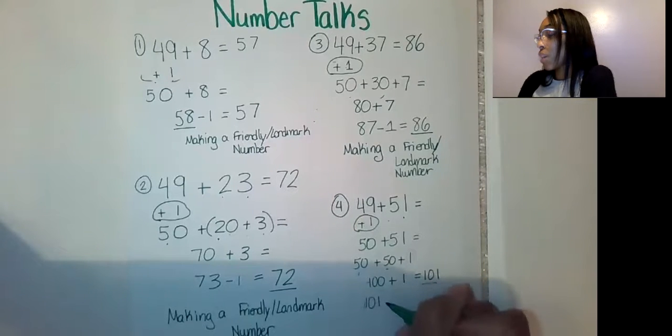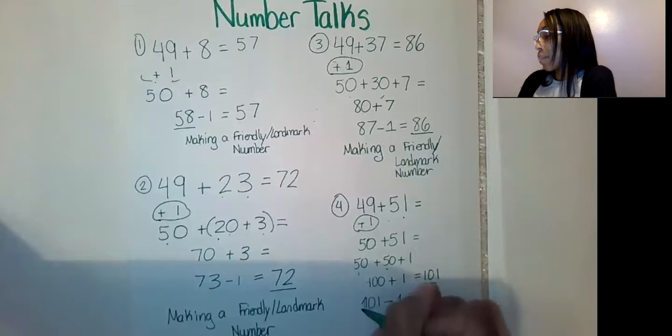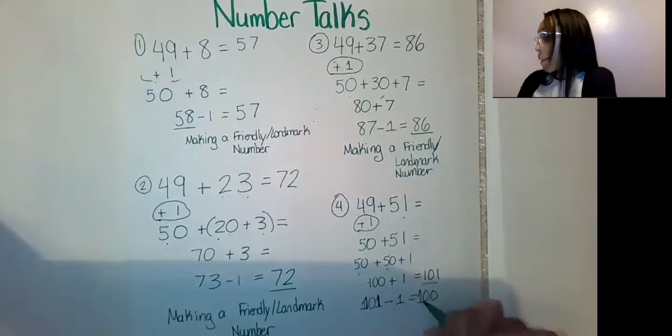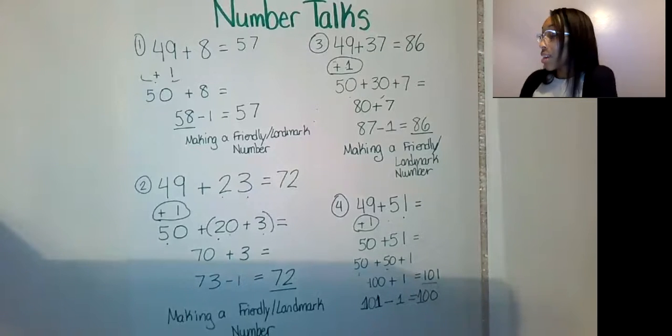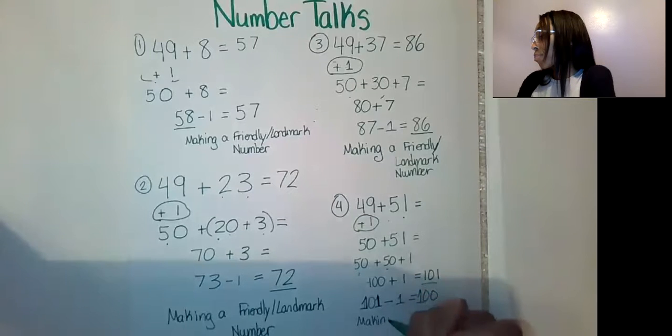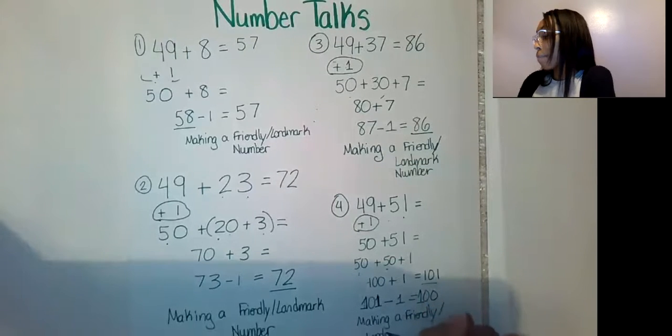So 101 subtract 1 gives me 100, right? 100. Okay? And I'm making a friendly or a landmark number again to help me add.